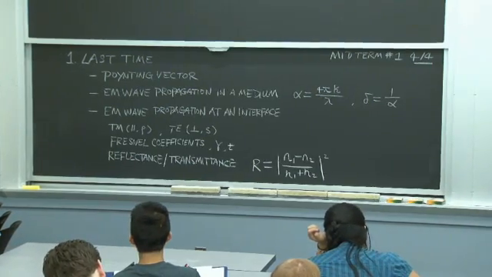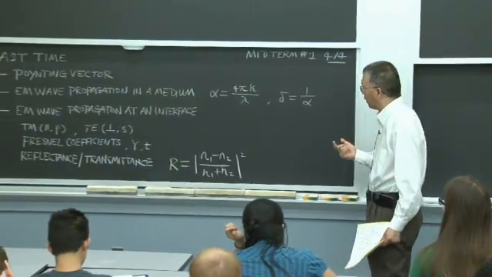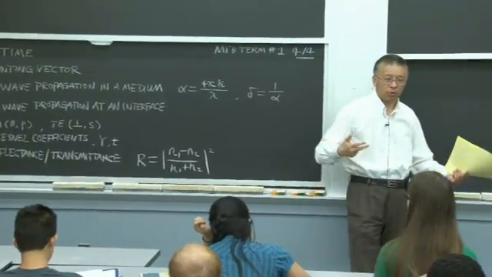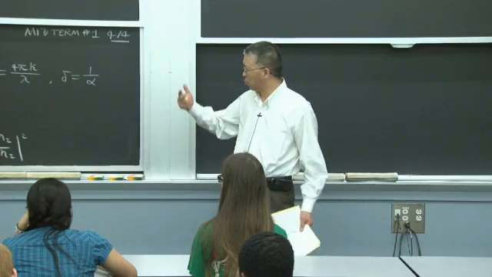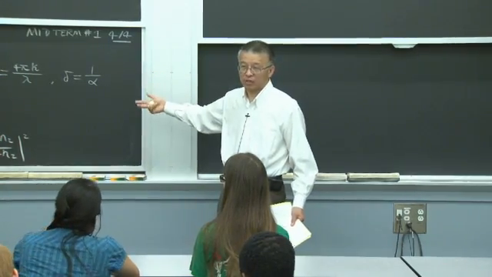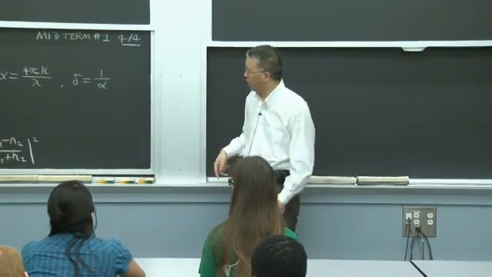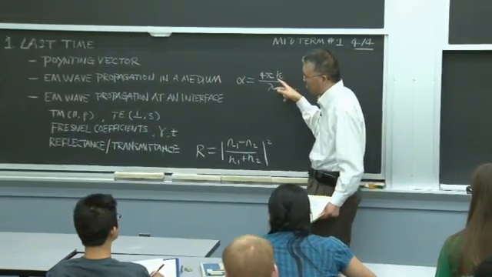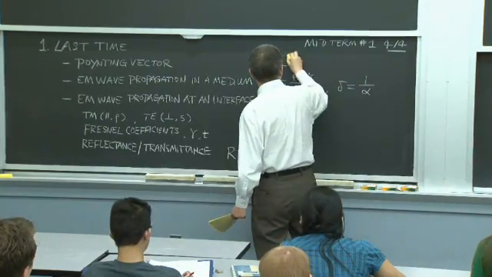Recall for optical waves, lambda is 10 to the minus 5th, right? So kappa could be a very small number, 10 to the minus 7, and it's still very important, because if you do 4 pi times 10 to the minus 7 divided by 10 to the minus 6, you get about 1. It depends on the length, of course, since it is exponential in alpha x.